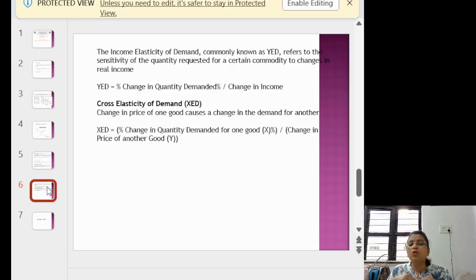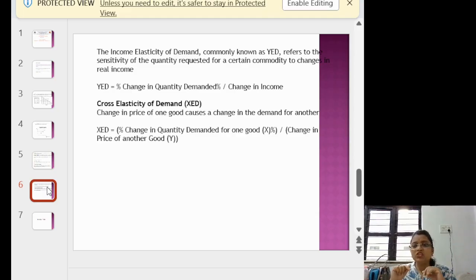Okay, the cross elasticity of demand. Changing price of one good causes the change in the demand for the other. Here we consider two commodities of the same category.